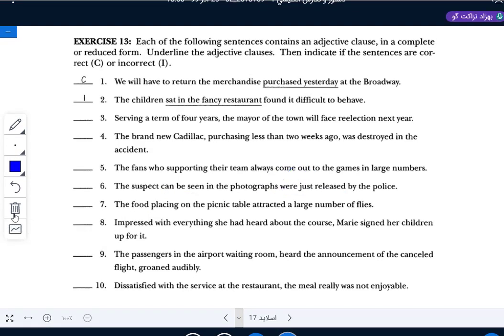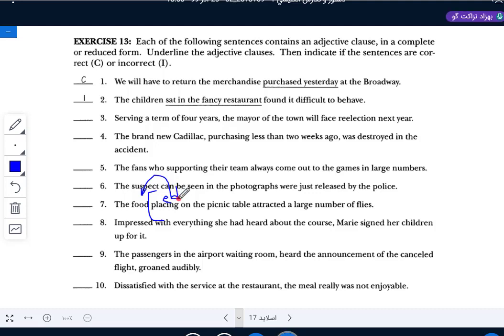Okay, next one, number 7. The food placing on the picnic table attracted a large number of flies. It's correct, I guess. The food placing. Can food place itself on the picnic table? Or the food placed?